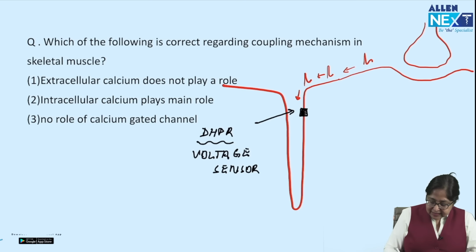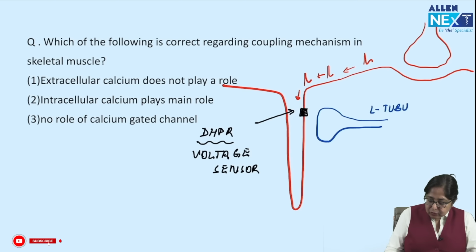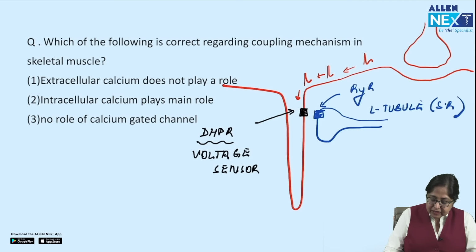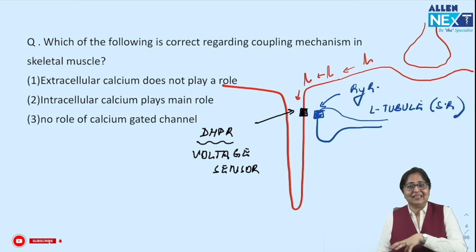Now, on either side of the T-tubule is the L-tubule. And what is the L-tubule? L-tubule is nothing but the sarcoplasmic reticulum. And present on the L-tubule is the ryanodine receptor, which is a ligand-gated calcium channel.